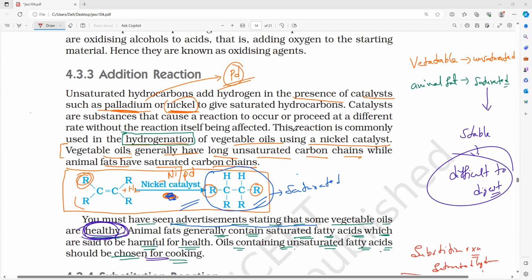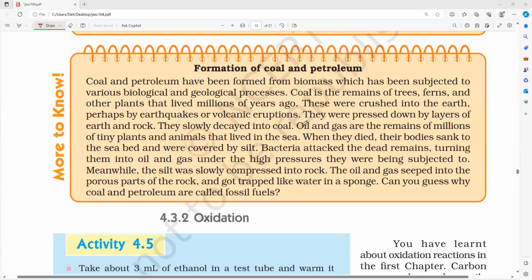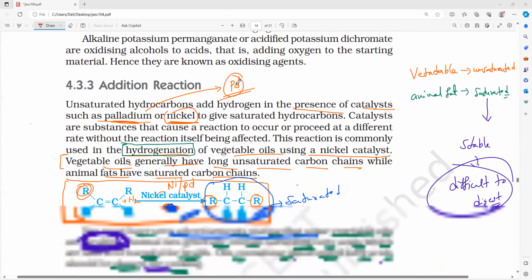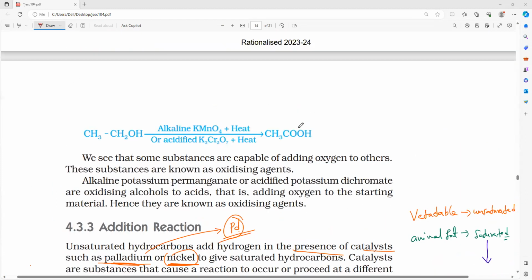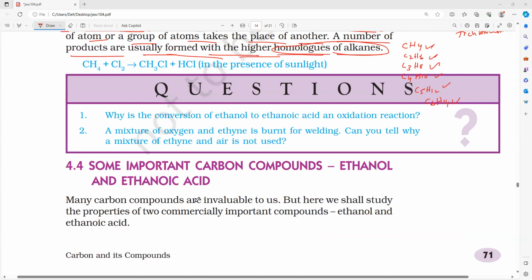So this is all about the addition reaction and the substitution reaction. The oxidation reaction we will study when we study the properties of ethanol and ethanoic acid. This is even more important. Then tomorrow's class we are going to start important carbon compounds.